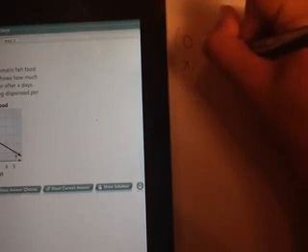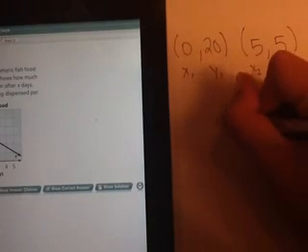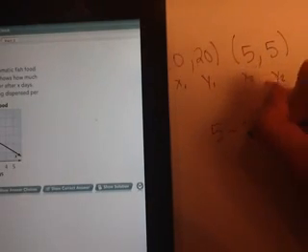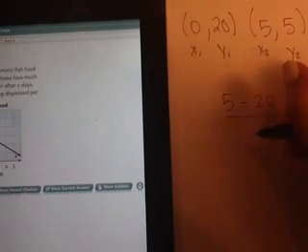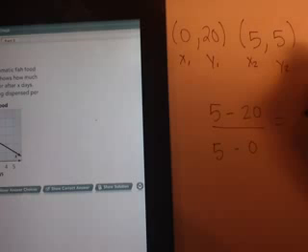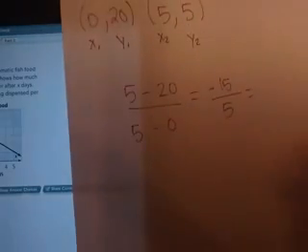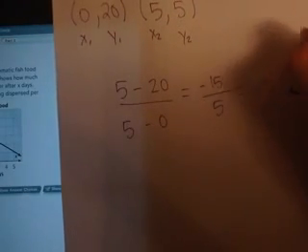We want to use our slope formula here. This will be 5 minus 20, over 5 minus 0. 5 minus 20 will be negative 15. 5 minus 0 is 5. This will simplify to negative 3.